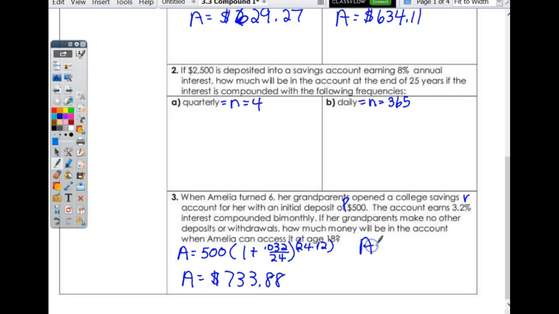If you use the other one, what do you get for an answer here?